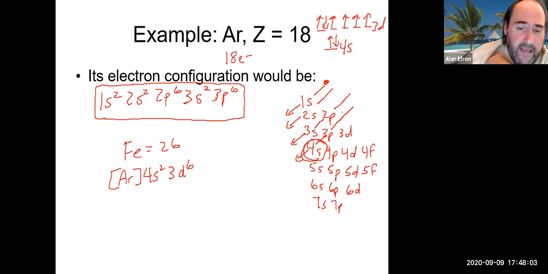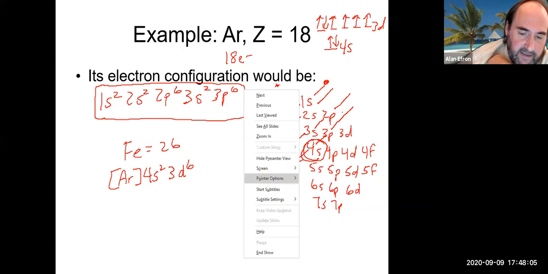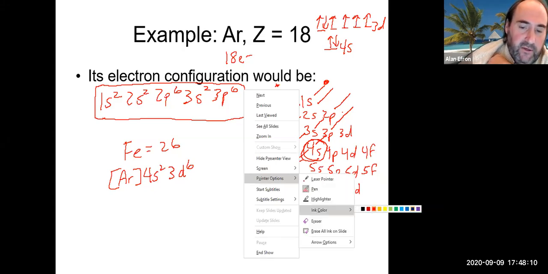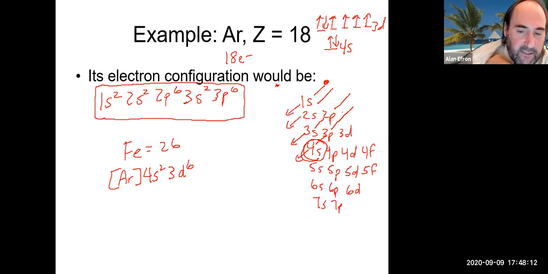Now, what happens with our transition metals, because they have those d electrons, is there's actually a switch in energy. Although as the electrons are going into the atom the 4s orbital is lower in energy, there's a switch that happens once you start putting electrons in the d orbitals. The s electrons actually become higher in energy than the d electrons.